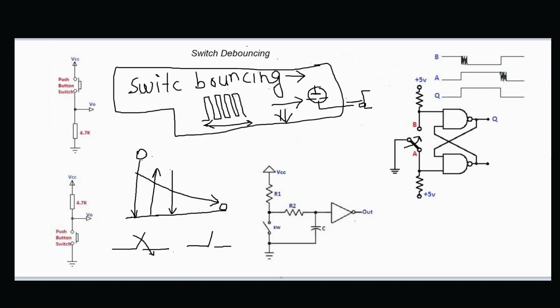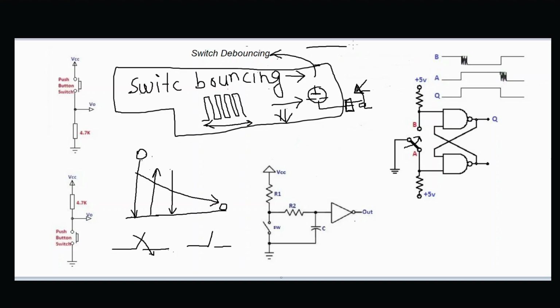That is why it will give you an invalid output, which is not good to have. So we want the switch not to bounce. For that we have a method called switch debouncing, wherein we apply some method to remove this multiple transition.